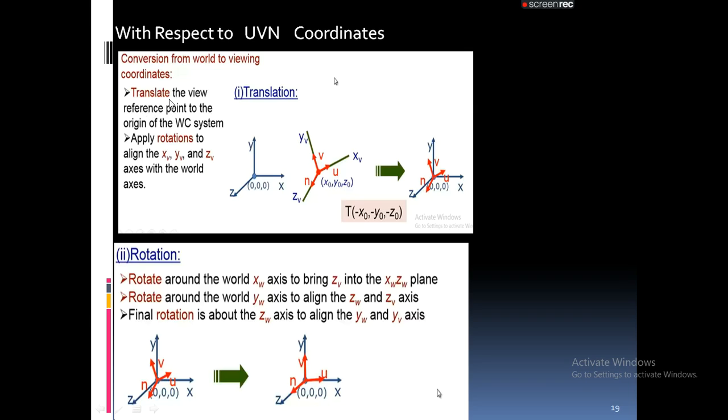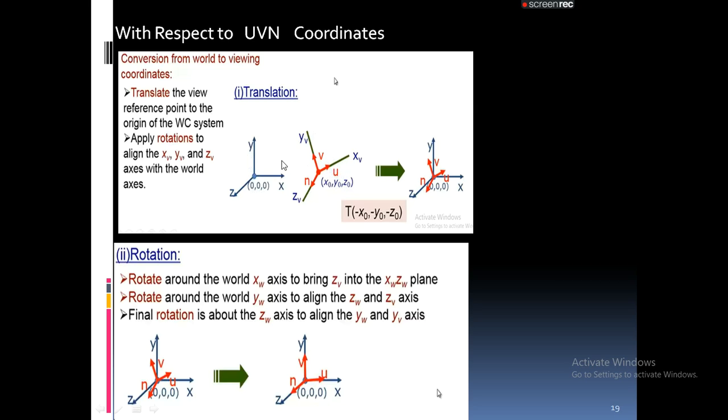The first step is translation. The second step is to perform rotations to align our rotation axes xv, yv, zv so they are parallel to all three axes of the world coordinate system. Assume that first I perform translation. Whatever x, y, z I have written, assume this is the world coordinate system of the object.